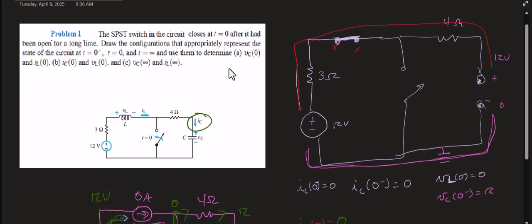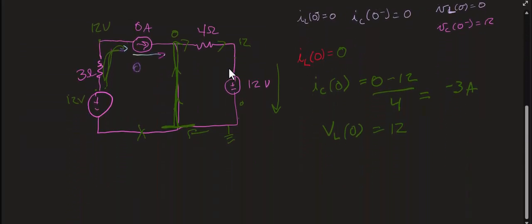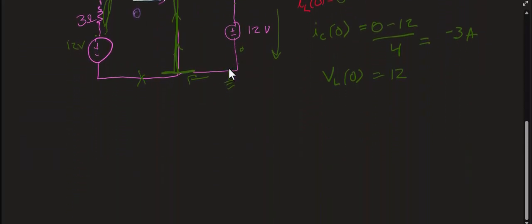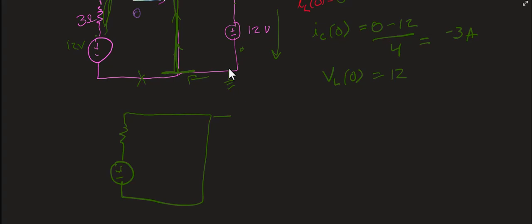What everything is at infinity. So at infinity, once again, the capacitor will be an open circuit and the inductor will be a short circuit.